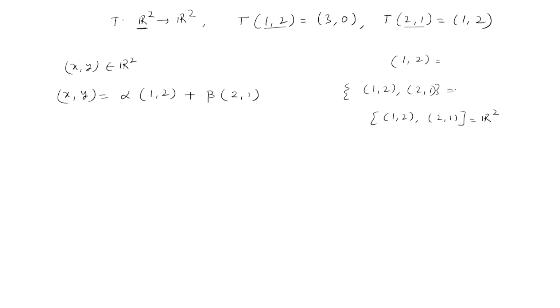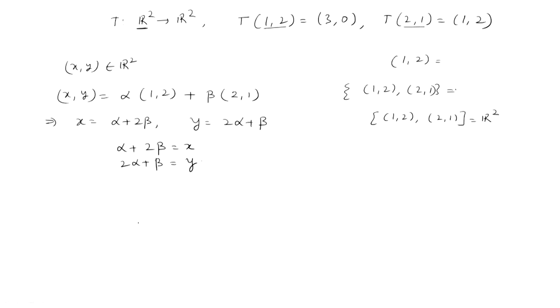So this implies x = alpha + 2 beta and y = 2 alpha + beta.